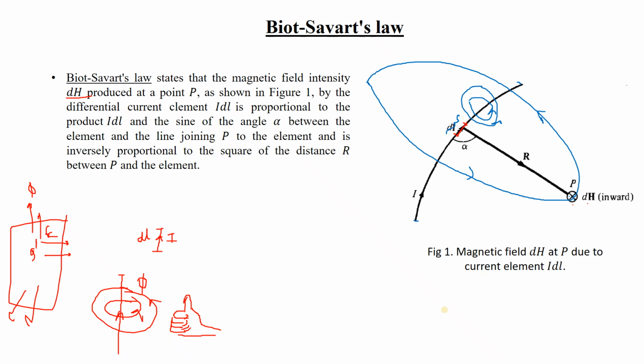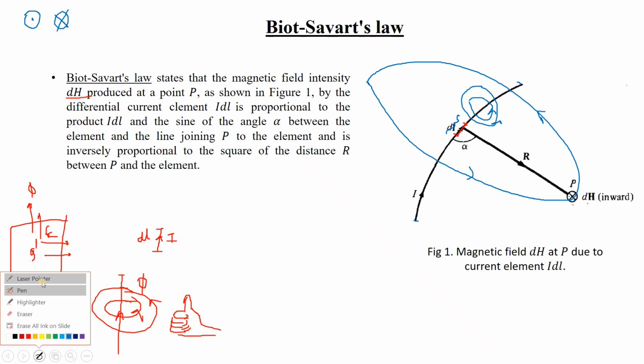Now you can see over here there is a cross sign. Why cross sign? Because in two dimensions, when you are representing anything on paper or a screen, we represent the movement either by a dot sign or a cross sign. Dot means it is coming out, cross sign means it is entering the surface.